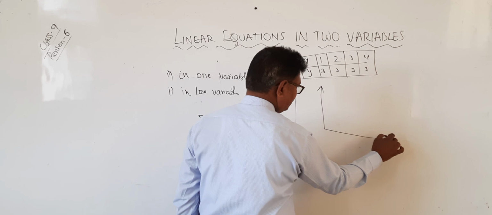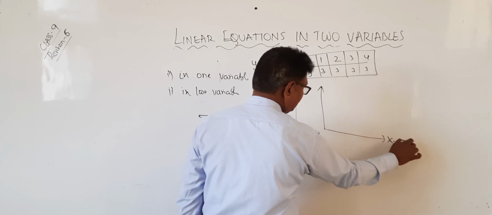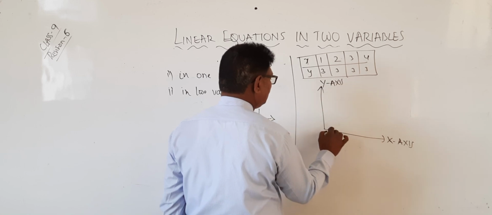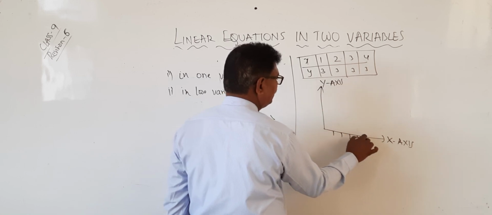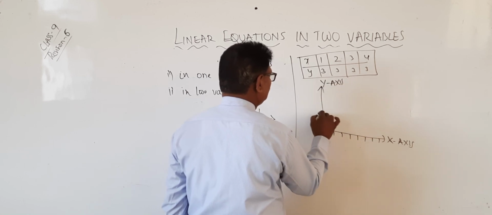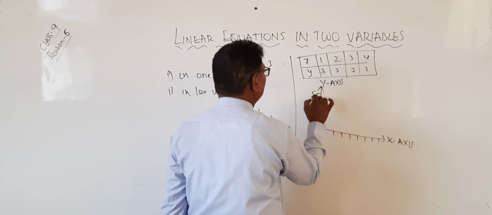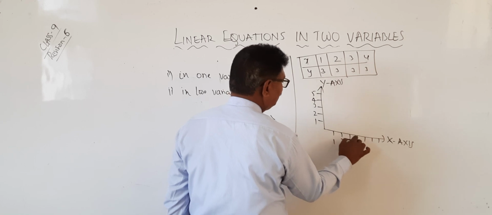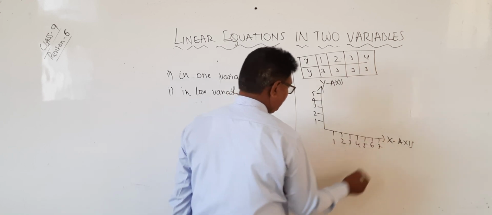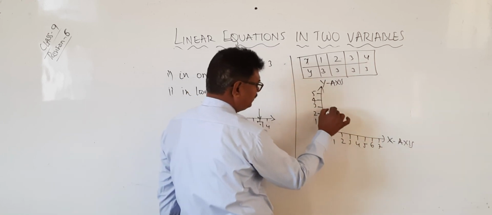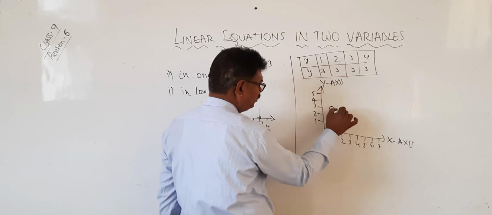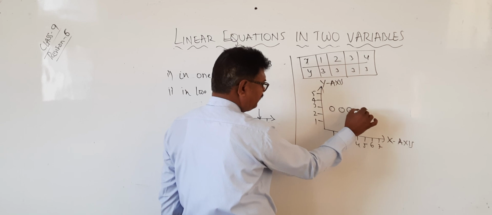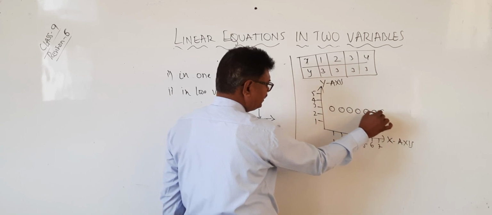This is the x-axis and this is the y-axis. Now you see 1, 2, 3, 4, 5, 6, 7. So it will be very simple. 1, 3; 2, 3; 3, 3; 4, 3; 5, 3; 6, 3; 7, 3.